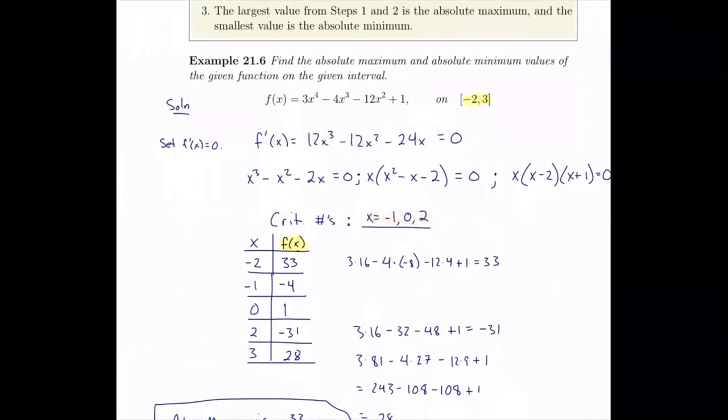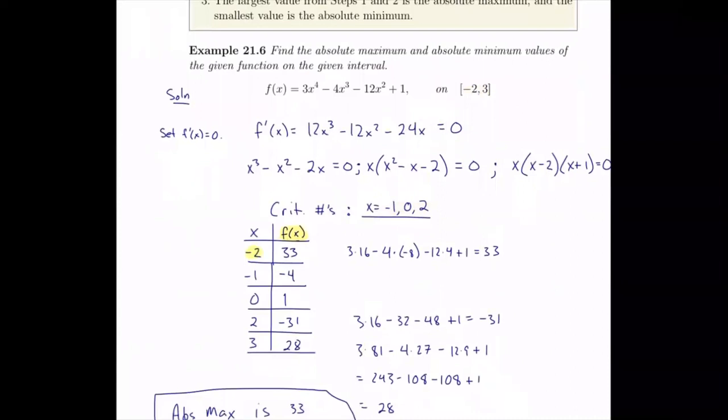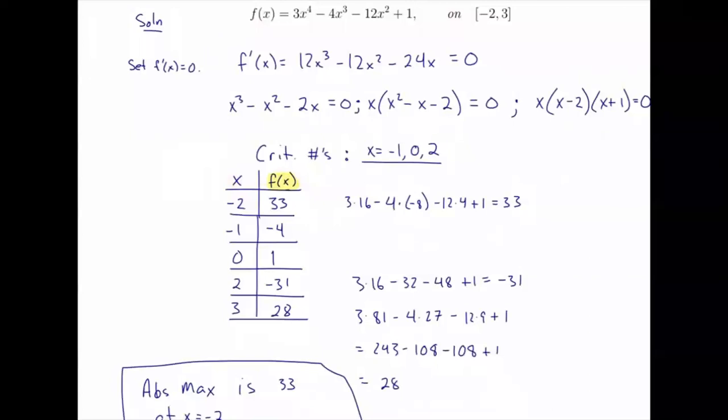So I start with my left endpoint, -2, then go through all of my critical numbers within this interval, -1, 0, 2, and then I end at my right endpoint, 3. That makes up the entire list of candidates for my absolute max and absolute min of f on the interval -2 to 3.